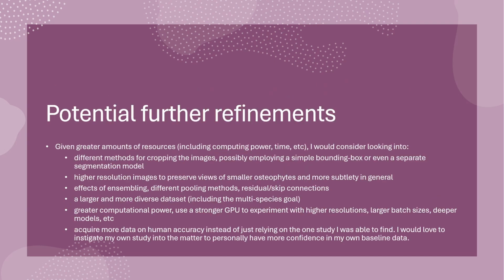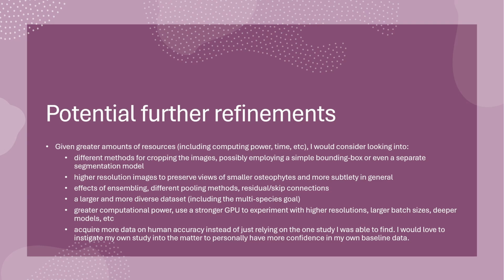Potential further refinements. If I had more resources, including a stronger, higher powered computer and more time to invest into this research, these are some of the things that I would consider looking into to further improve my models. I would look at different methods for cropping the images, possibly employing even a simple bounding box or a separate segmentation model.